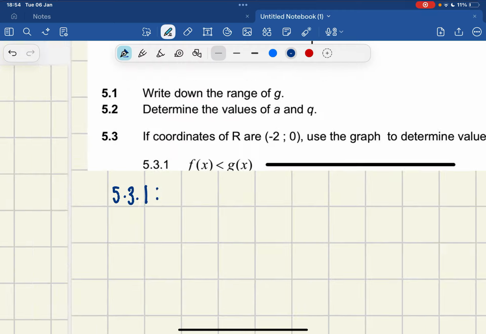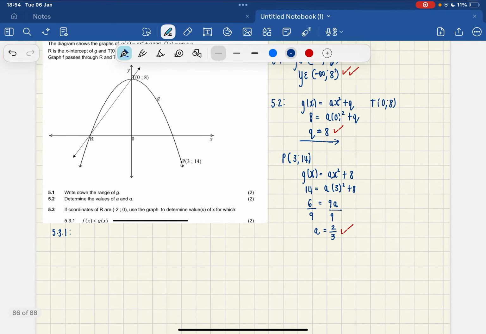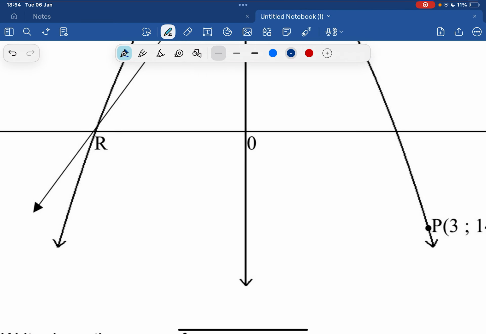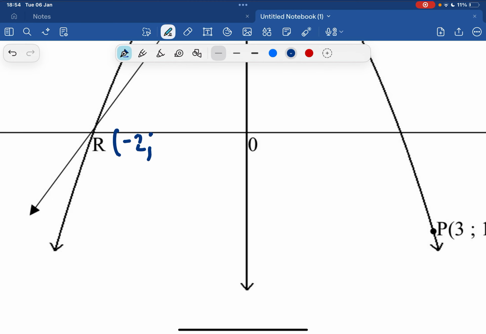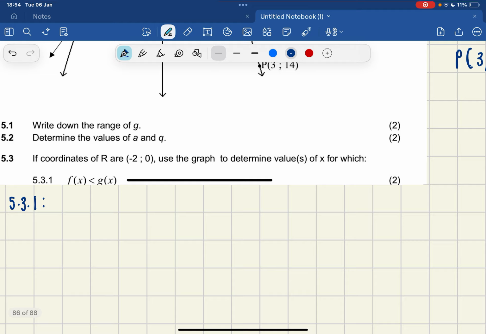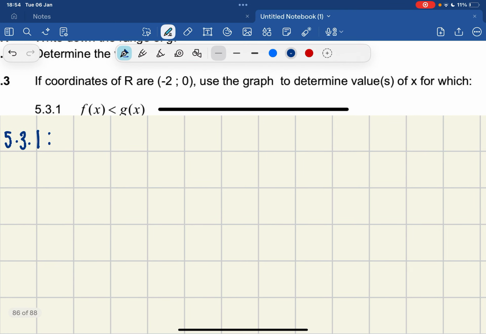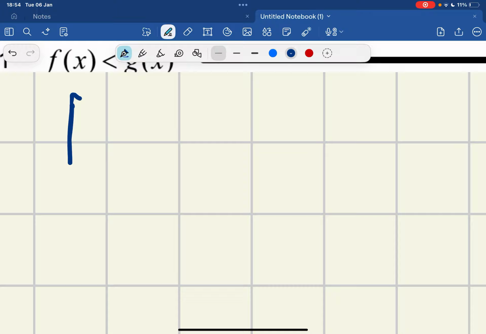Question 5.3.1 says, if the coordinates of r are (-2, 0), use the graph to determine the values of x. I think you might not be able to see the question properly, so let me quickly rewrite it for you.